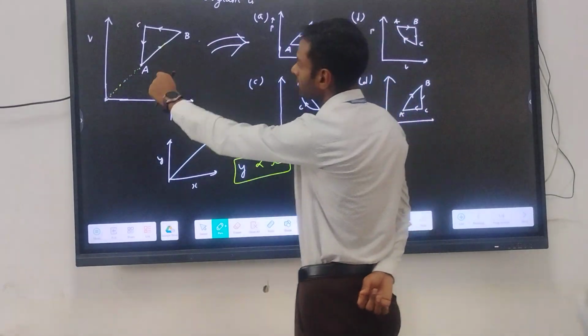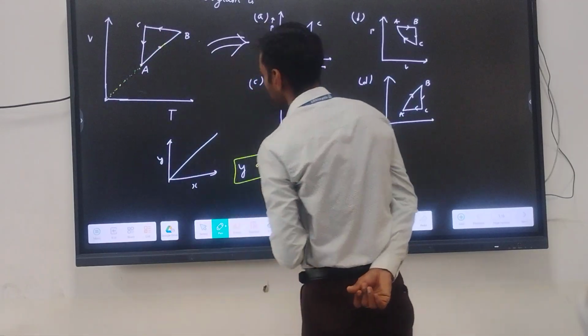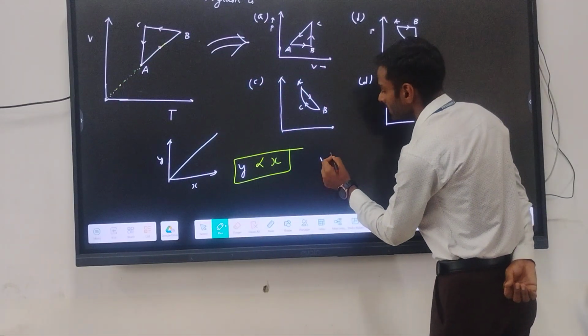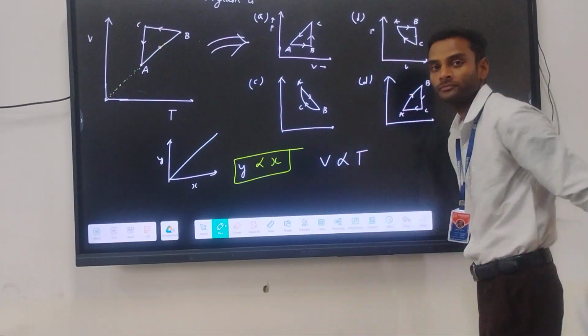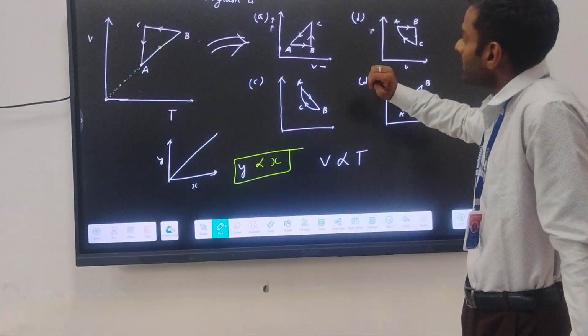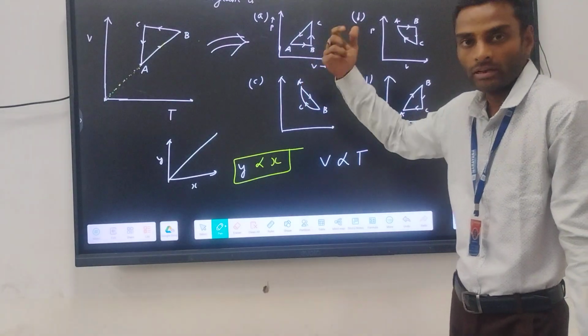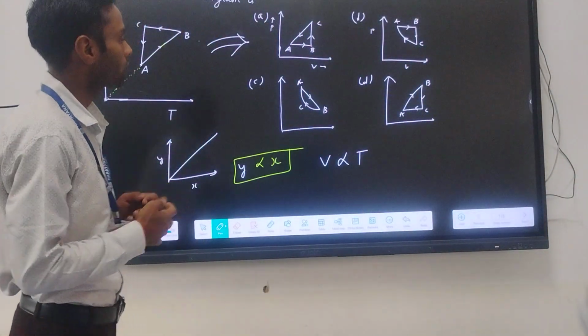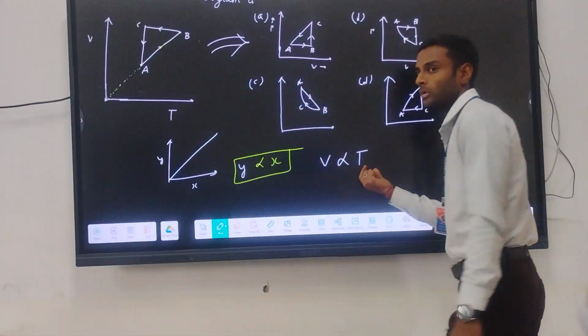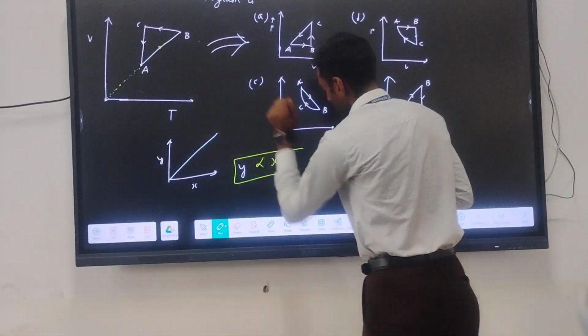So here the AB process is a process in which V is directly proportional to T. And in thermodynamics, mainly we are considering gases. We are considering the system as gases. So V is directly proportional to temperature in process A to B.